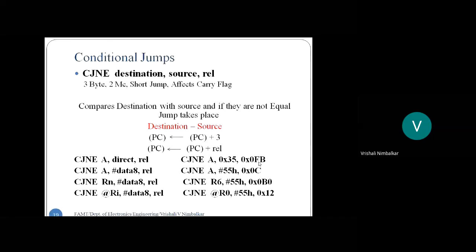What is FB? FB is a negative number, and if you find the 2's complement of FB, you will get -5. Is that okay, students? So if the number is not equal, the jump is going to take place at PC plus 3 minus 5.